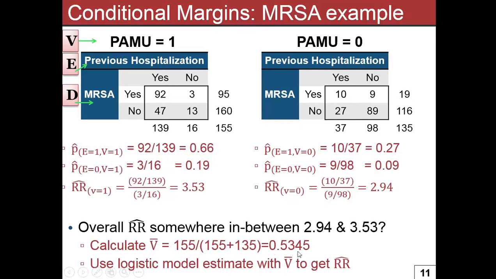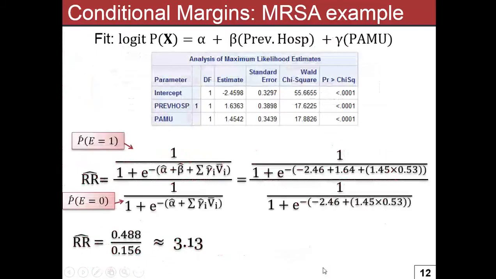This thing we're going to plug into our logistic-like expression, and we're going to get a risk ratio. And we probably expect, just on how we know this behaves, the answer is going to hopefully be between 2.94 and 3.53, right? We hope it's just like what Mantel-Haenszel would tell us, and what you hope is the answer is somewhere in between here. So V bar is 155 over the sum of those two, and it's 53%.